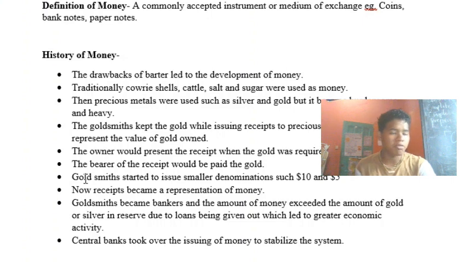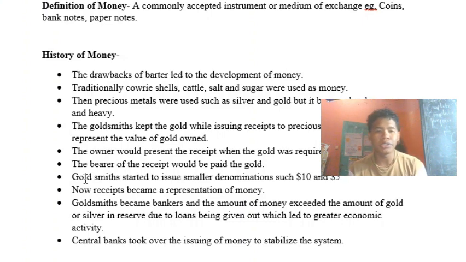It had a bit of positives, but not so much. It was inadequate. It was not the best choice of option. So due to the drawbacks of the bartering system, it led to the development of paper money, as we would like to call it. This is an example of paper money.